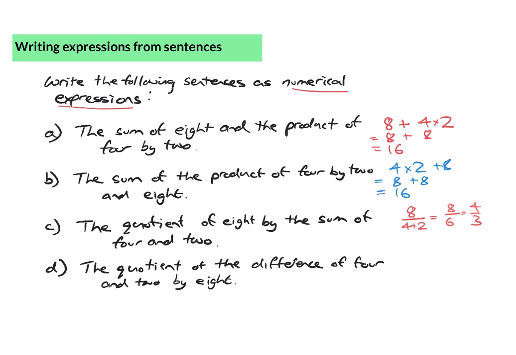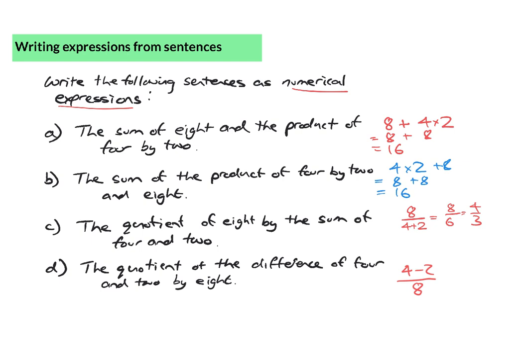Okay, the final one. Again, we have quotient and we have difference this time. And order is going to be really important with this, so pay special attention. The quotient of the difference of 4 and 2 by 8. When it says the by 8 bit, that's going to be at the bottom. And the difference of 4 and 2 is 4 minus 2.